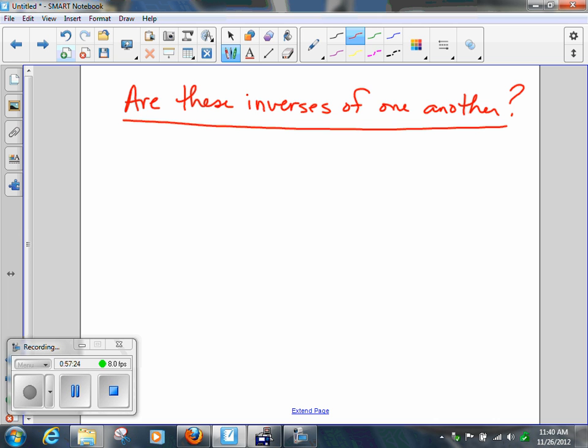How do we tell if functions are inverses of one another? If I wanted to determine whether these two were inverses of one another, okay?